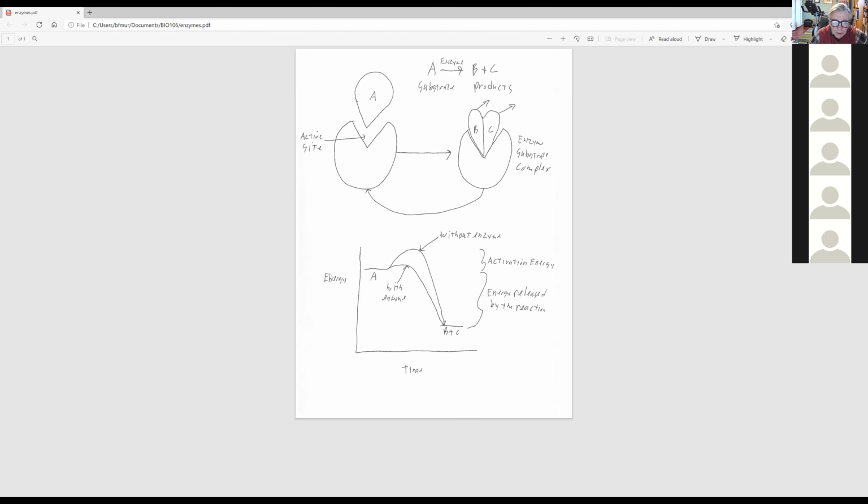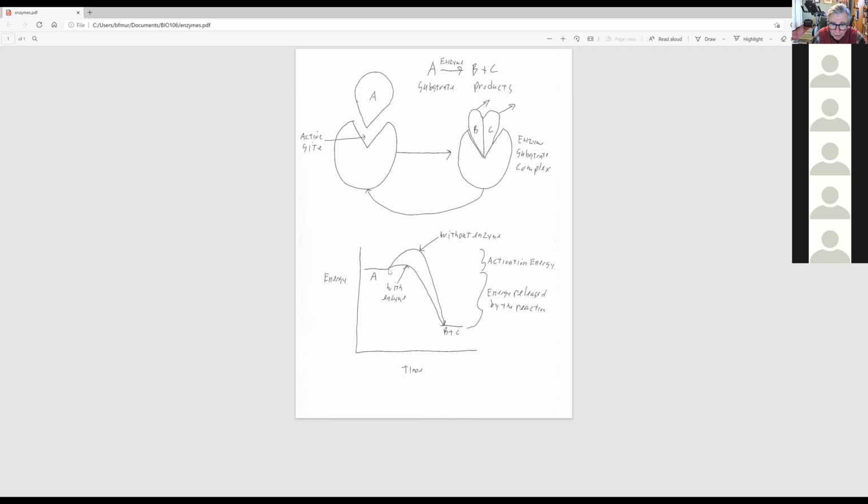So you make up this graph. Energy on the y-axis, time on the x-axis. Every molecule has a certain amount of energy in it. It doesn't matter what it is, because every molecule is held together with bonds that are electrons, and electrons are pure energy.